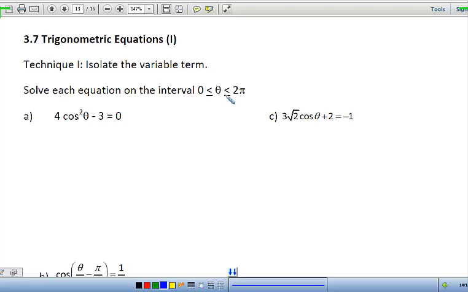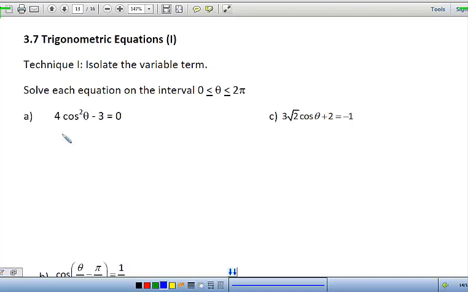Obviously, or hopefully it's obvious, that there would be infinitely many solutions if we didn't include these restrictions. But because we have the restrictions, that's going to help us to come up with a finite solution set. Okay, so we've got 4 cosine squared theta minus 3 equals 0. Like I said, I'm going to isolate the function that has the variable.